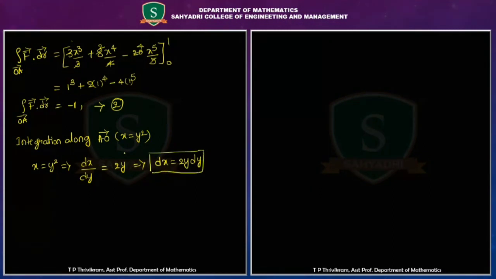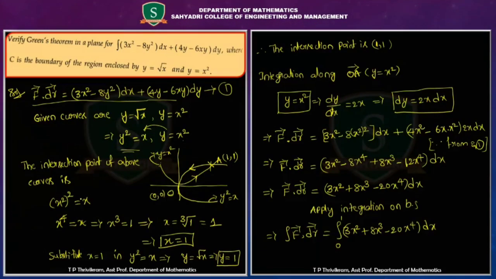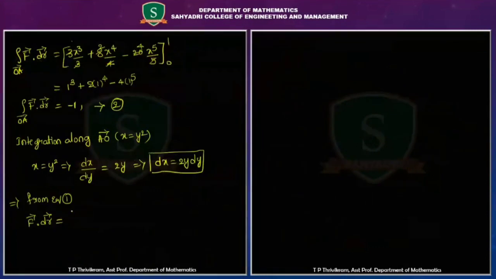That means in this equation we converted x values in terms of y. From equation 1, F dot dr is equal to 3x square minus 8y square, so 3 into x square, and x square means y square whole square.